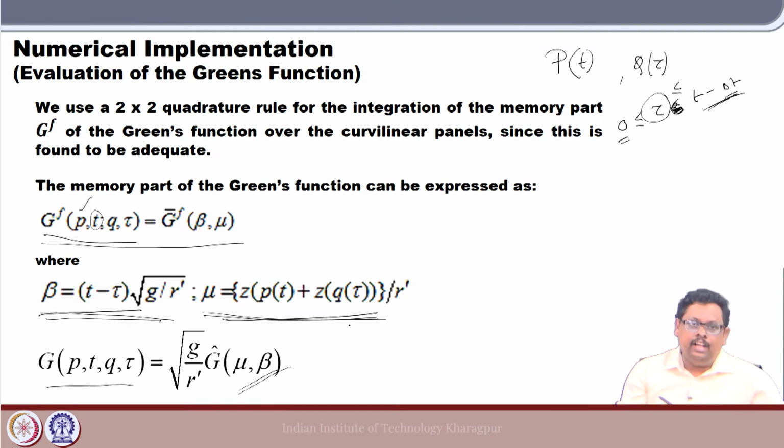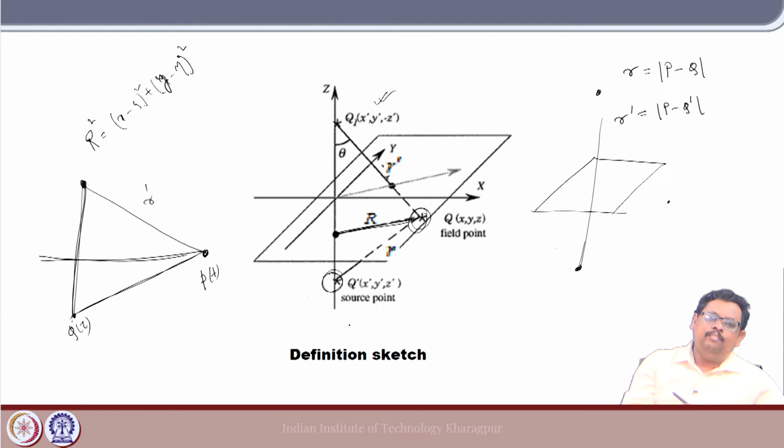So, now how can I idealize this? It is very important to see this idealization. So, if this is the r dash, somehow we can think this is the z.